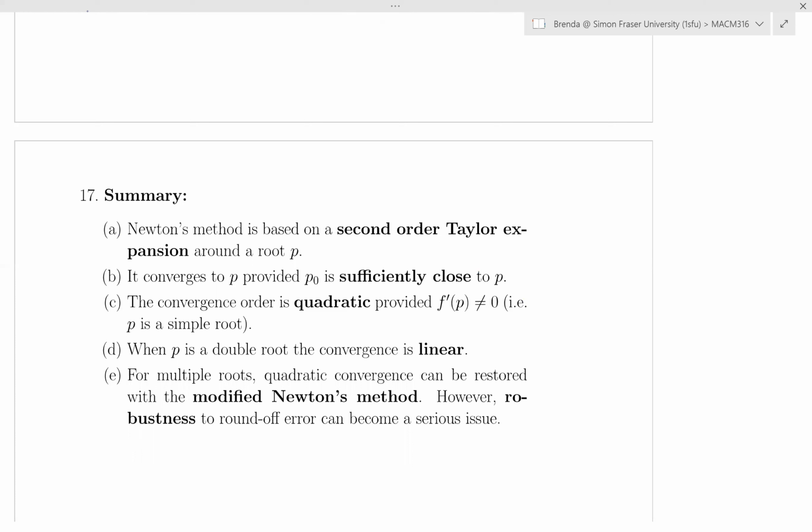That's why there's that quadratic there. It converges, provided you're sufficiently close. It converges quadratically so long as the derivative is not zero at the root. When it's a double root, the convergence retreats back to being linear, and then you can restore that with the modified Newton's method.